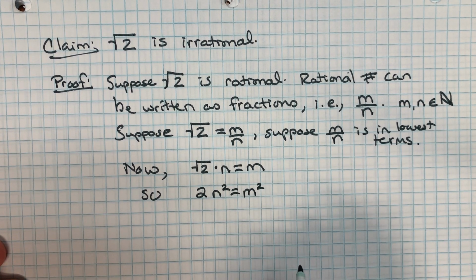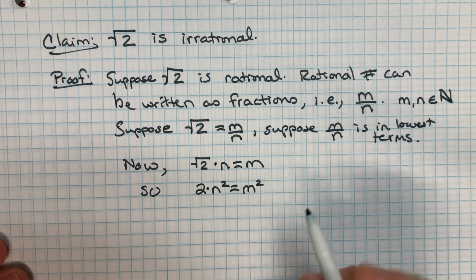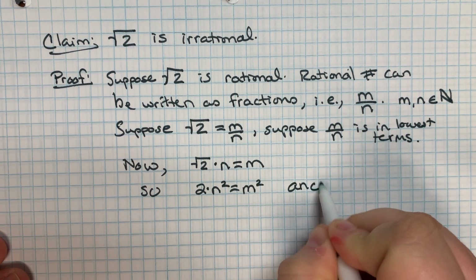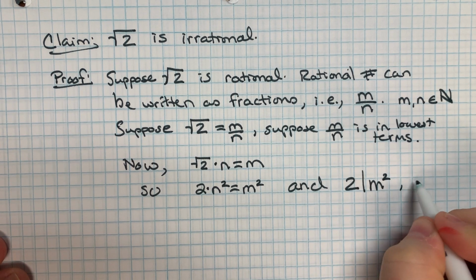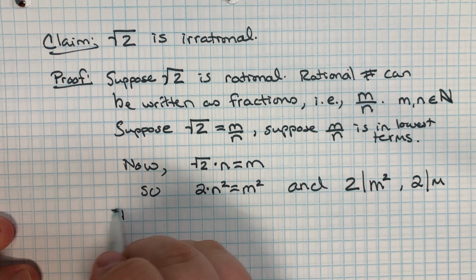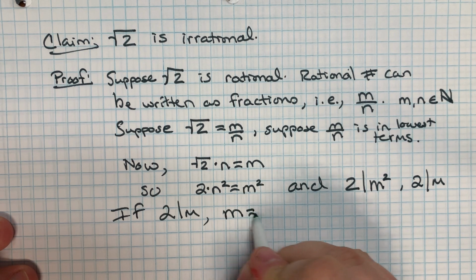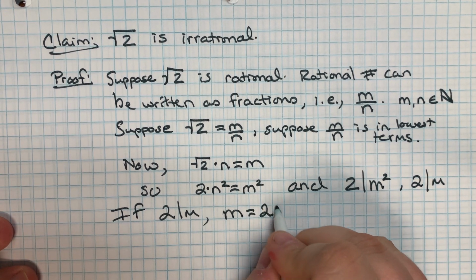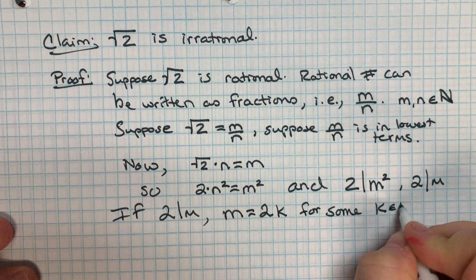And now we're going to have to go back to our meaning of divisibility. Well, if m squared is 2 times something, we know 2 divides m squared. And if 2 divides m squared, 2 divides m. If 2 divides m, m can be written as 2 times k for some natural number k.